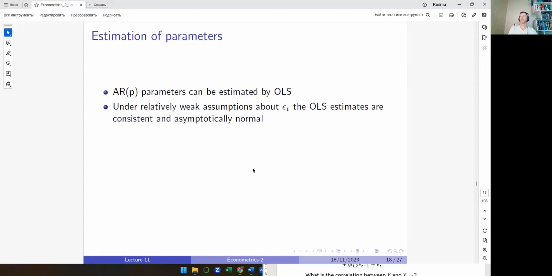So all the assumptions that we've been working with in cross-sectional econometrics work here too. We can use t-statistics to investigate the significance of coefficients, and everything works well. That's another reason why the AR model is more popular in time series, if you have a choice, of course.